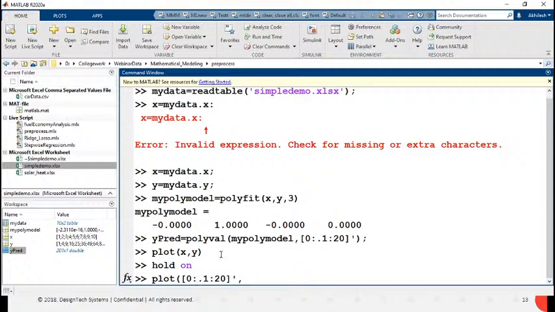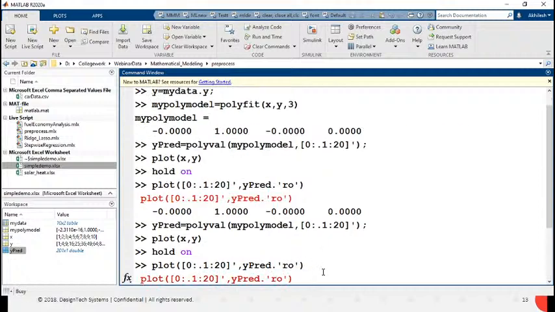That is ypred, right? Ypred, and I want to plot it as a circle and in red color. So this is the marker color and marker type both. As a circle marker I want and red color I want.